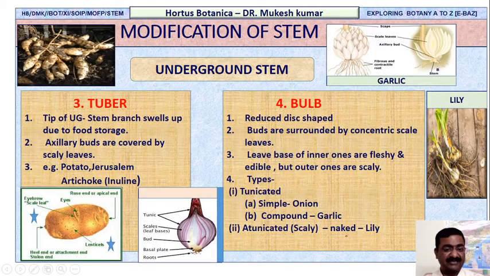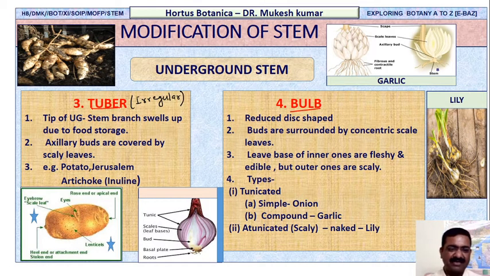Now move on. Next one, we have again an underground stem, the tuber, and another one is the bulb, isn't it? Now see, collect the important points. Tuber, by name it's clear, tuber means irregular, not a particular shape and size.